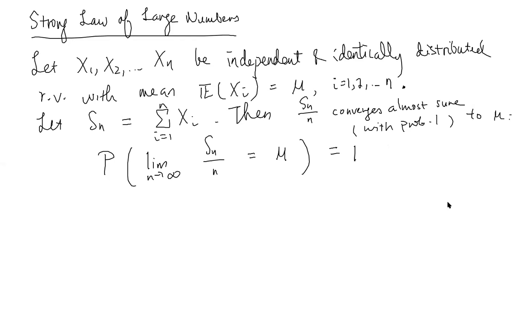So again, this is a result that tells you that using your sample mean to estimate your population mean is reasonable. In fact, it's guaranteed that your sample mean will converge almost surely to your mu. And technically, we need to establish this result.